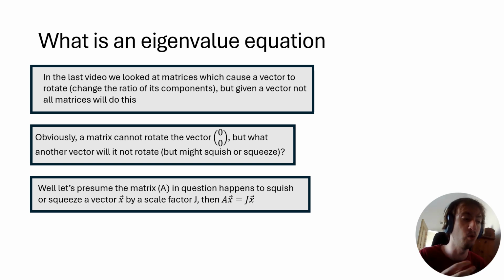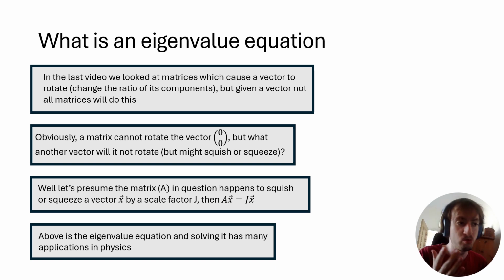If j is 4, the vector has become 4 times as long. But it's worth saying j doesn't have to be a whole number. In fact, j can even be negative, and when it's negative, it's saying that we're also flipping the vector. So j is going to be a real number, but it doesn't have to be a whole number, and it doesn't have to be positive.